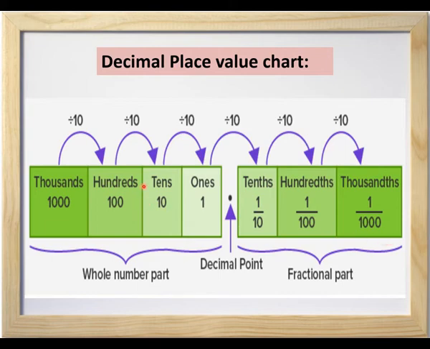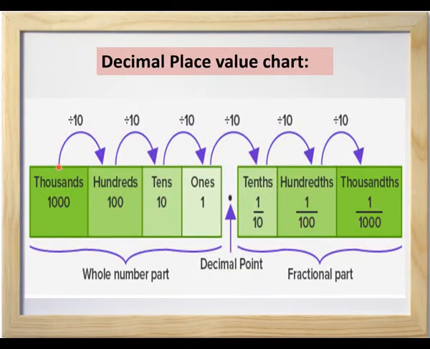The places in the whole number part are ones, tens, hundreds, thousands, and so on. The places in the fractional part are tenths, hundredths, thousandths. Tenths means 1 by 10, hundredths means 1 by 100, thousandths means 1 by 1000.